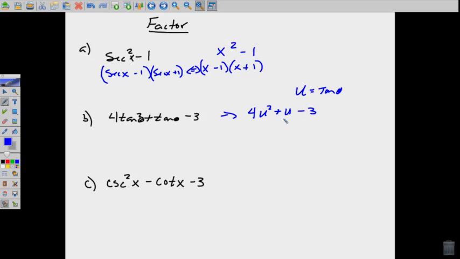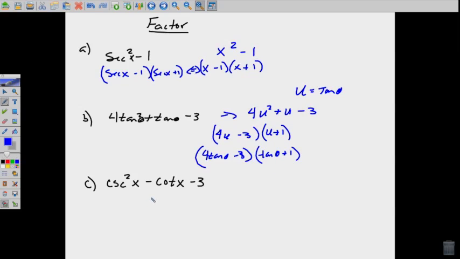So I'm not so confused, I'm not so bogged down by the trig, and I can work on simplifying with the algebra. So basically when this factors down, what we're going to get is 4u minus 3 and u plus 1. And then I can substitute back in that u. 4 tangent of theta minus 3 and tangent of theta plus 1.